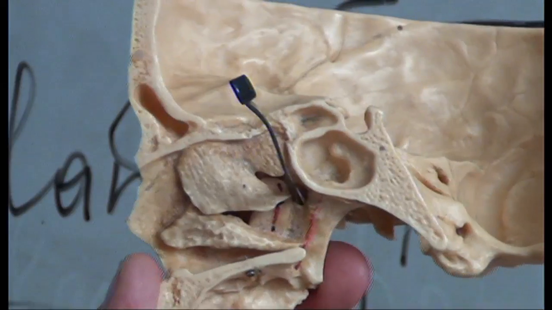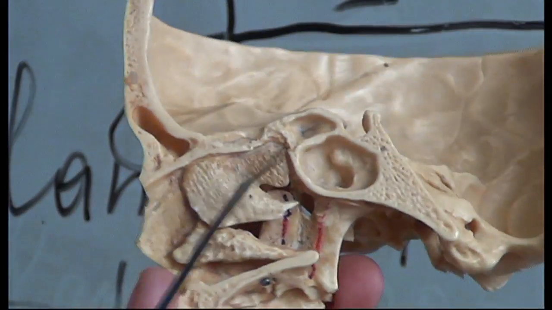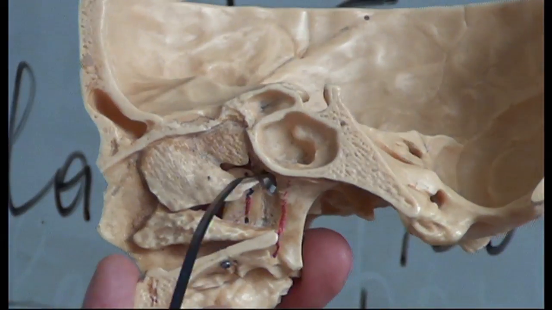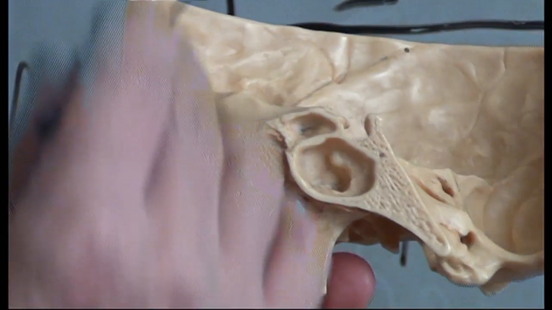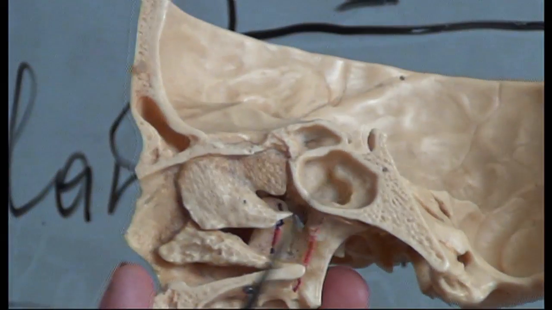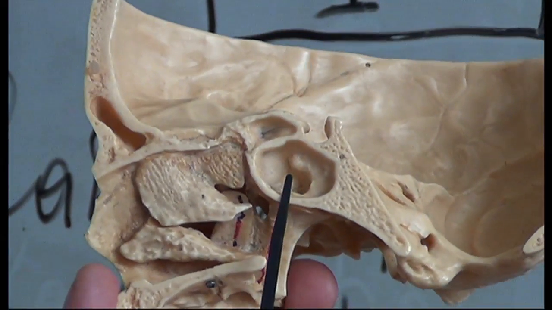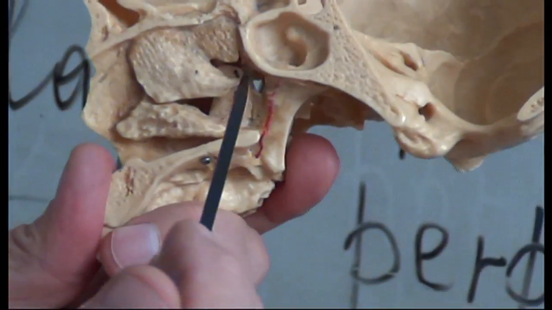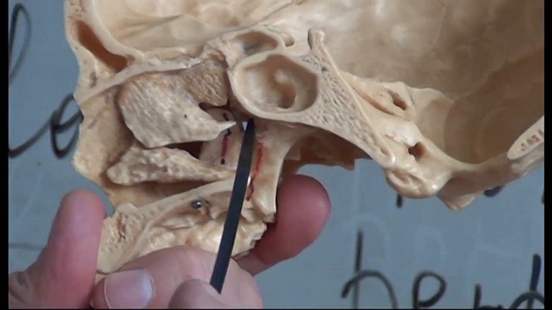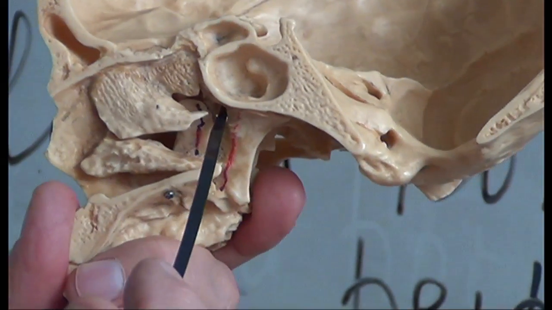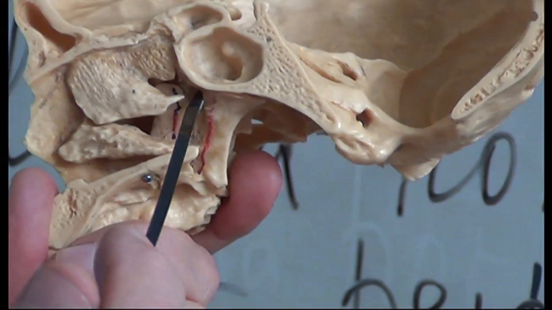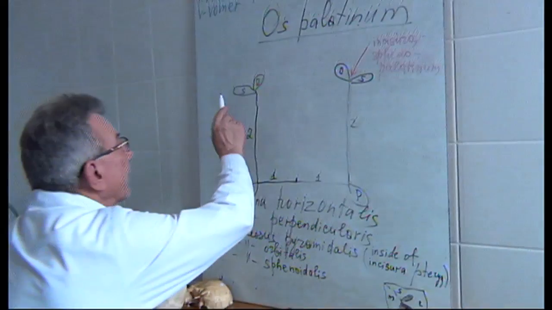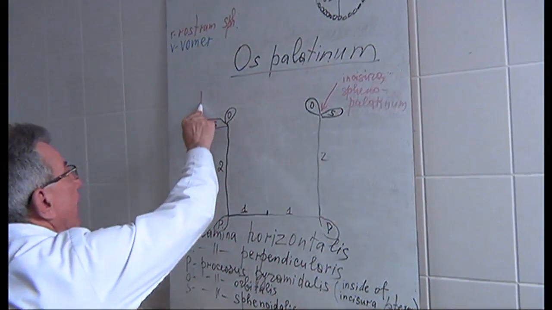Why? Because from above, this incisura is closed by the sphenoidal bone. The sphenoidal bone closes this incisura from above.